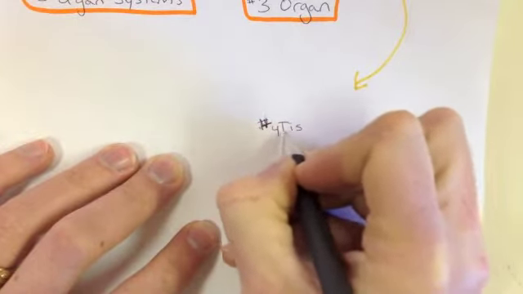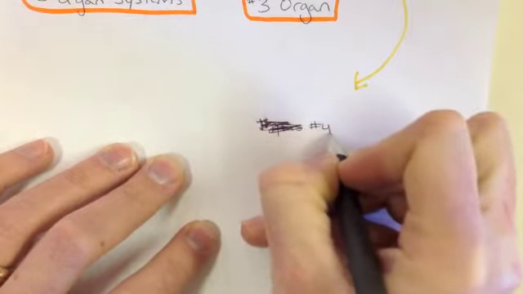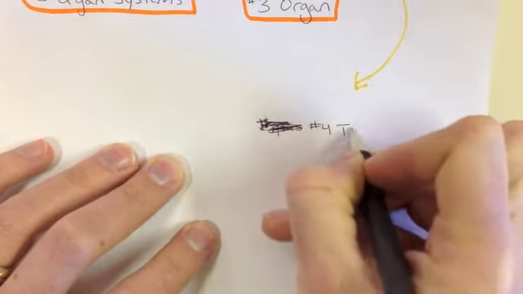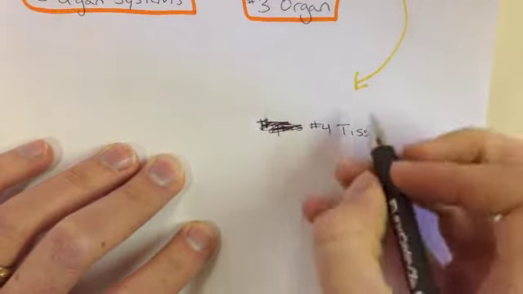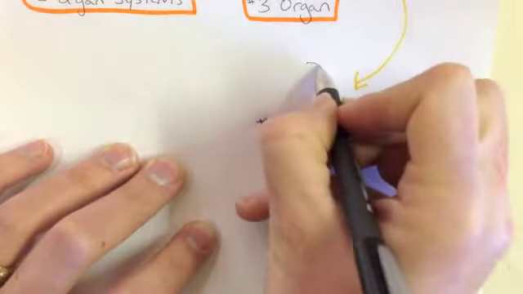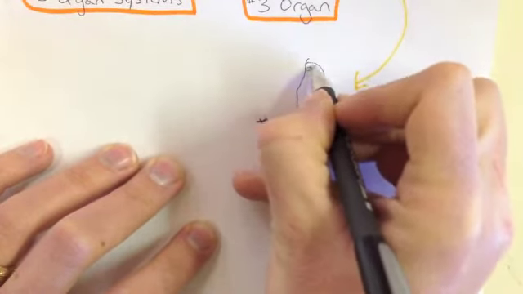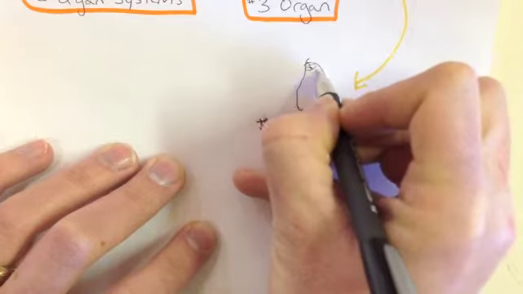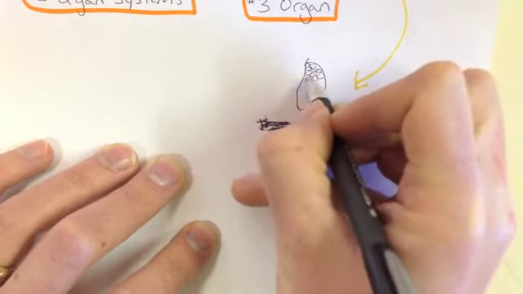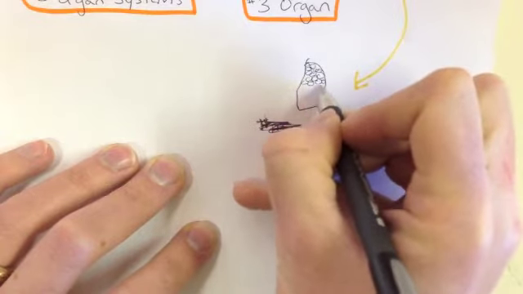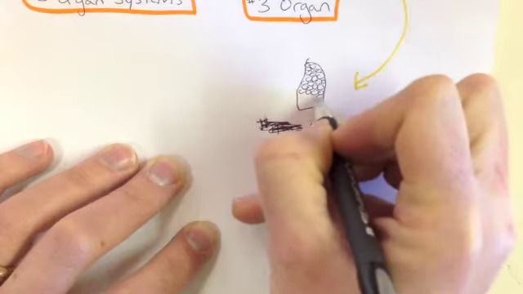Oops, number 4. Tissue. So it's not as easy as it looks. So if I look at the piece that we cut off of Justin Bieber's heart, I'll see all of these little circular objects bunched together, which are cells.